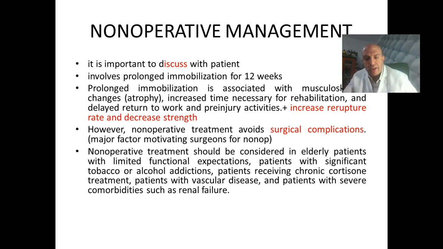You can give him advice, but inform him about the advantages and disadvantages of each modality and let your patient choose. Of course, if you give non-operative management, it requires at least 8 weeks of immobilization.